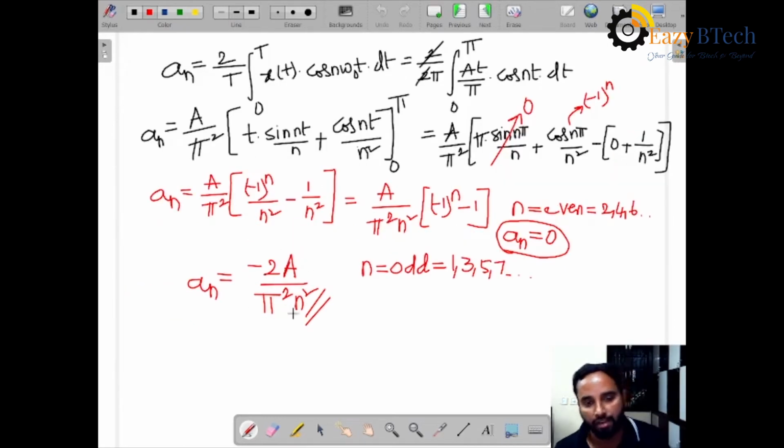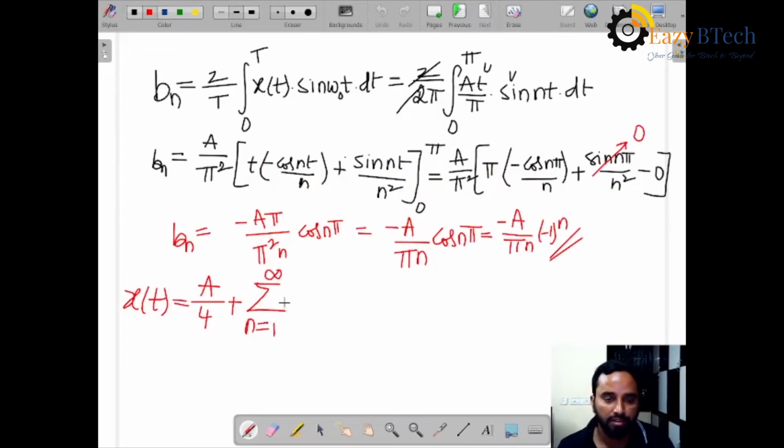What is the value of an? Minus 2a by pi square n square, that is for n odd. Minus 2a by pi square n square, this is an cos n omega naught t.